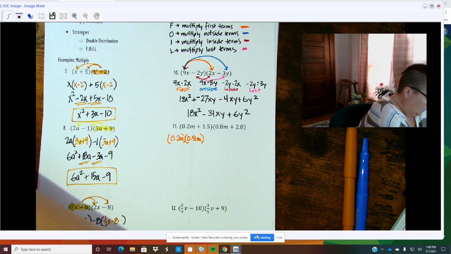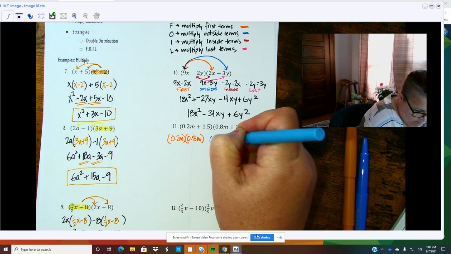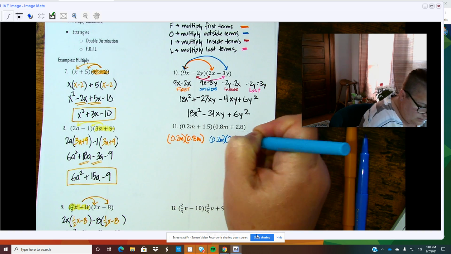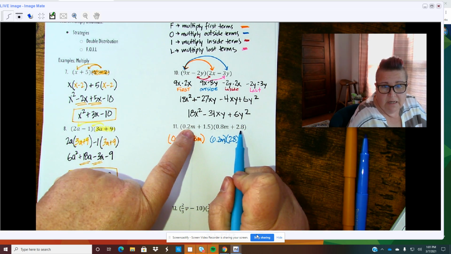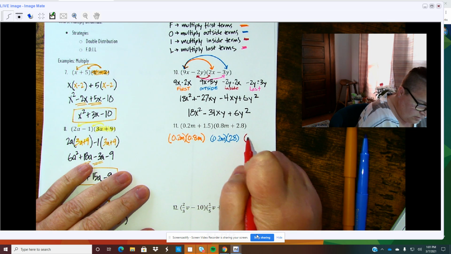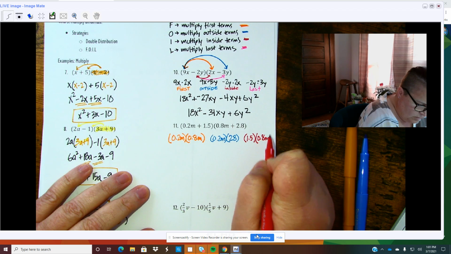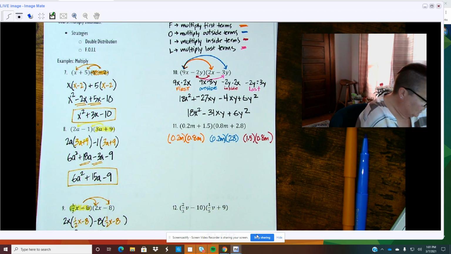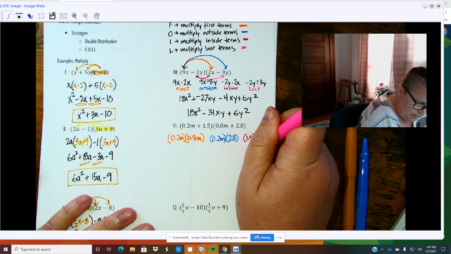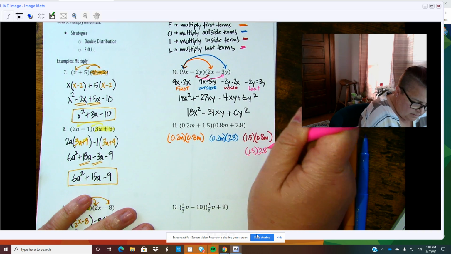My outside would be the 0.2m times the 2.8, because those are the two on the outside. The inside would be 1.5 times 0.8m. Oh, and I ran out of room. I gotta do the last in pink. And my last one would be 1.5 times 2.8.